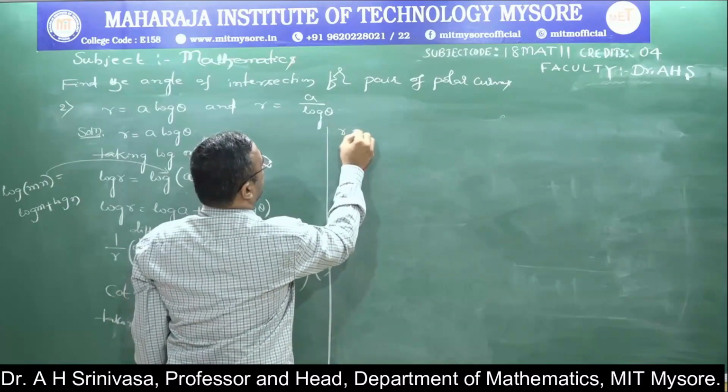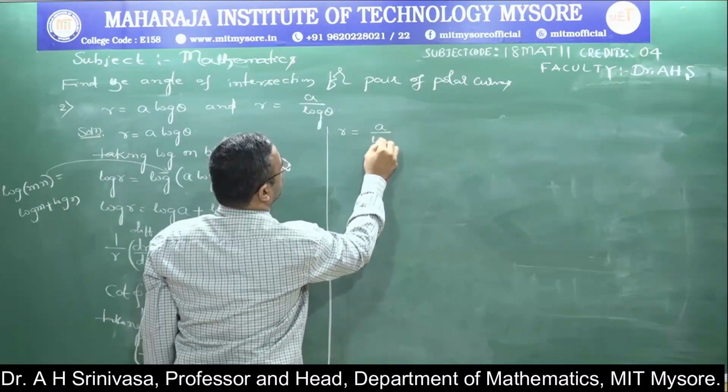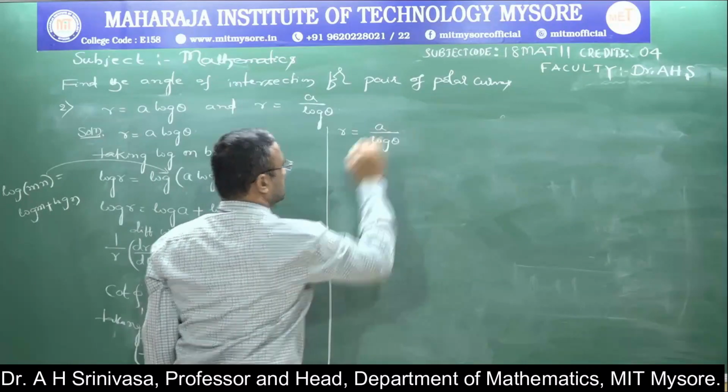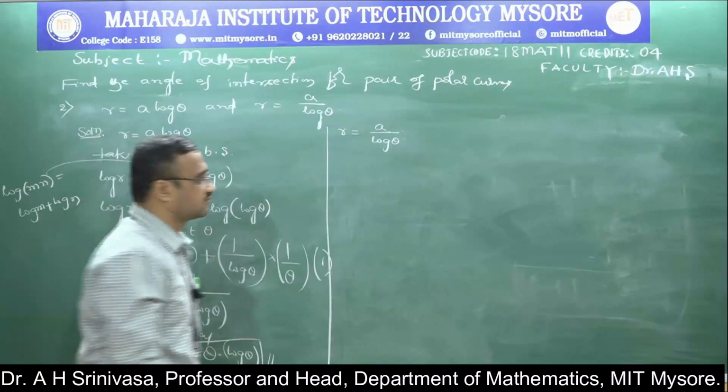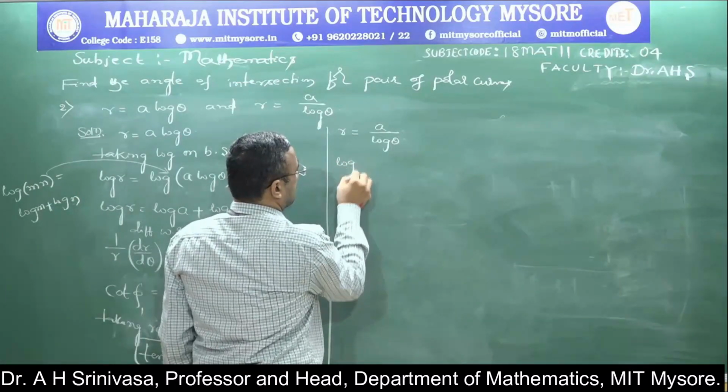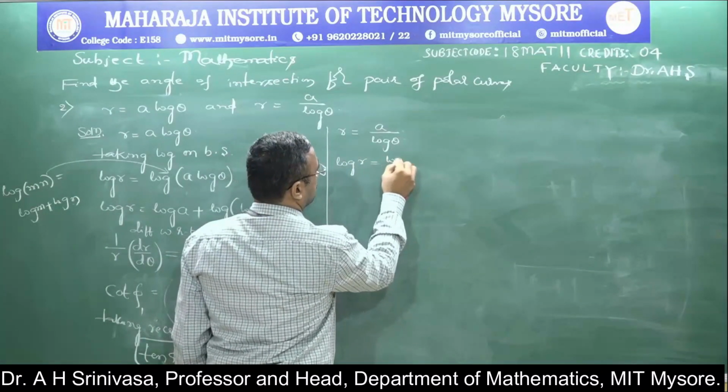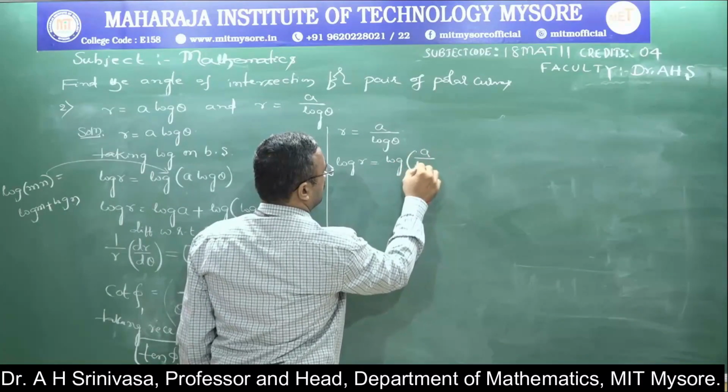So now here r equal to a times log theta. Taking log on both sides, it is logarithm of a by log theta.